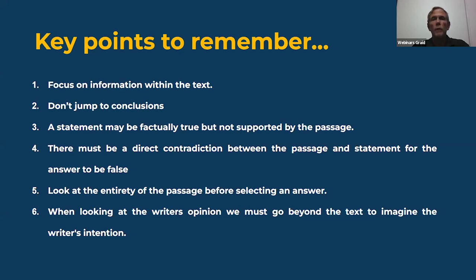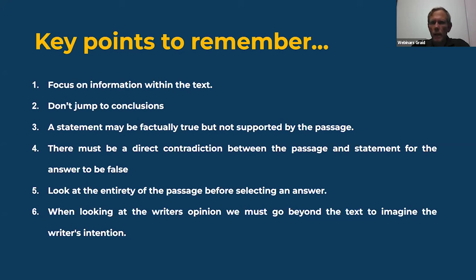So we must read the entirety of the passage before we decide upon our answer. And if sentences do have some contradiction, we are looking for the most explicit and clear answer that is given in the passage.